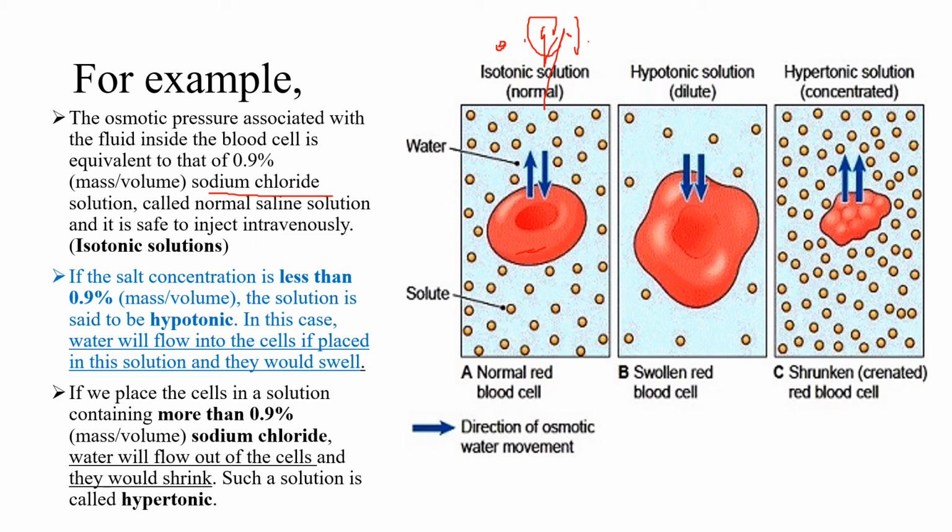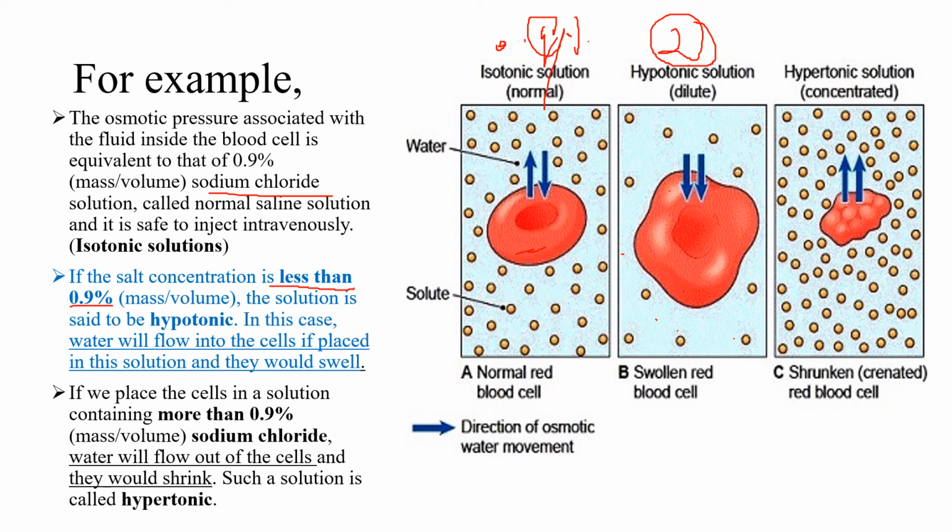Come to the next point. If the salt concentration in which the blood cell is put is less than 0.9%, as we can see in the example in image 2, if the concentration of the solution is less than the concentration of the fluid present in the blood cell, that is less than 0.9%, then what will happen?